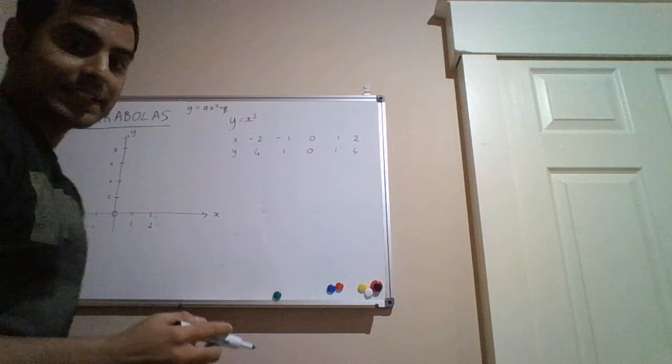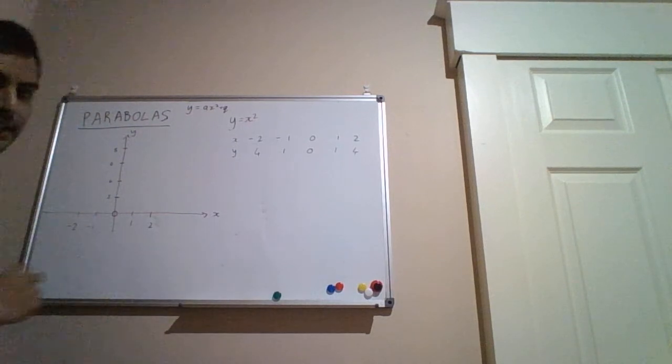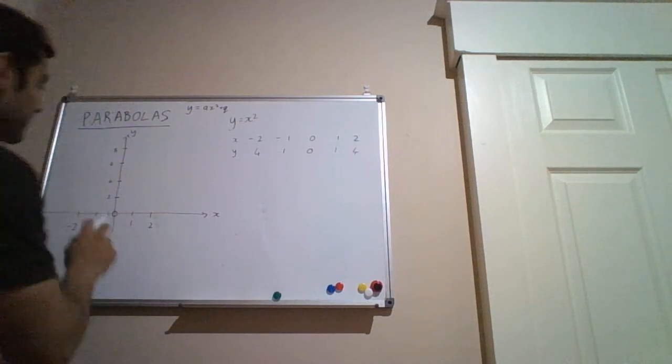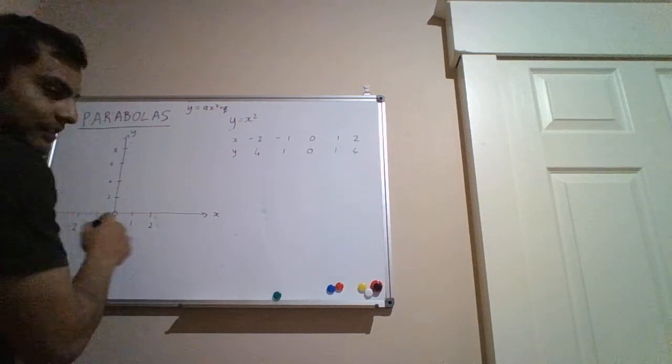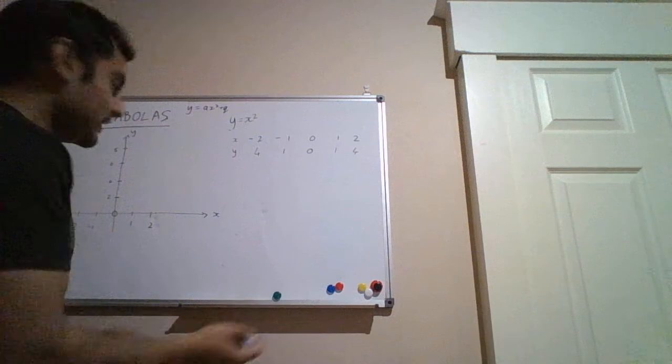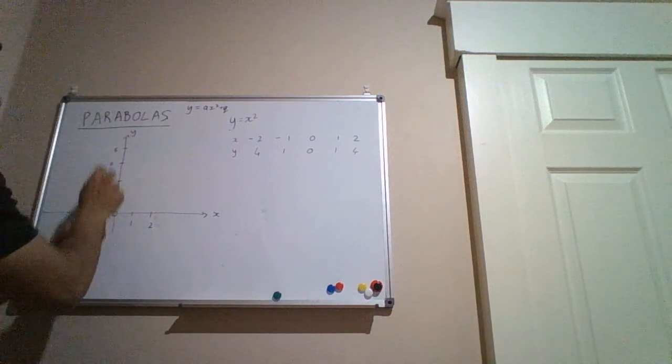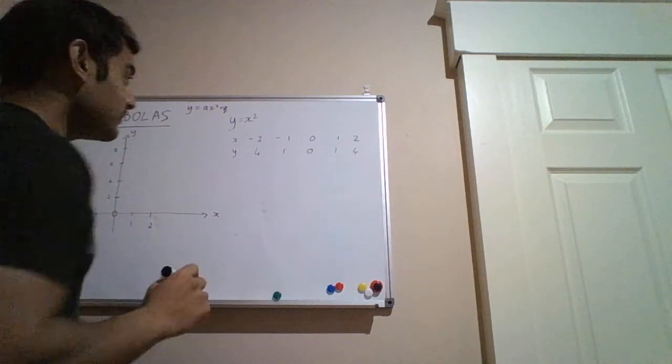Here our x values are the same as in the previous video, but I've scaled the y values a little bit differently. Instead of going up 0, 1, 2, 3, 4, it goes up 2, 4, 6, 8.